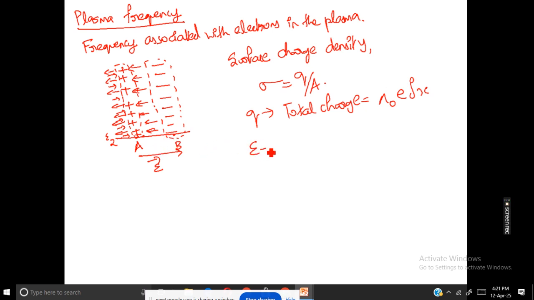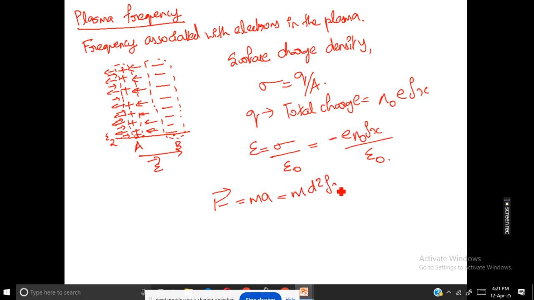And the electric field E is sigma by epsilon 0, which is equal to minus e N0 delta X by epsilon 0. So there will be a force. This is the electric field. So the force exerted is basically given by mass into acceleration, which is equal to mass into d square delta x by dt square. Delta x is the distance that is being moved.